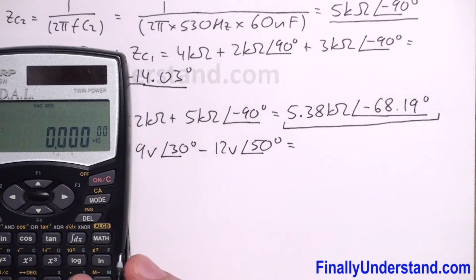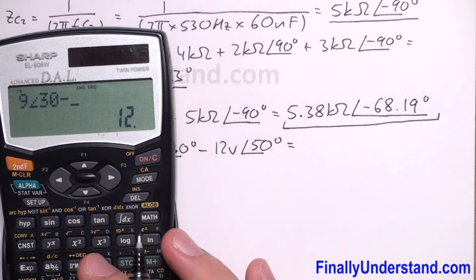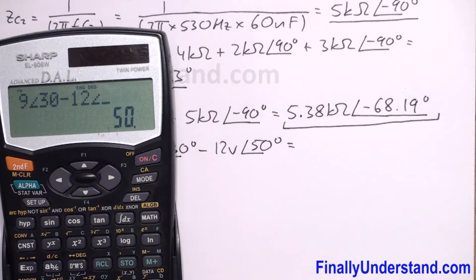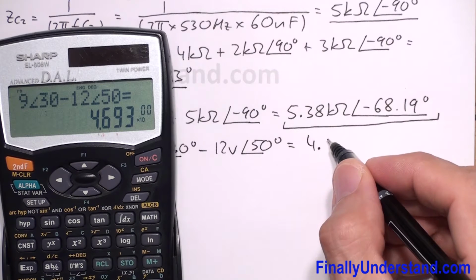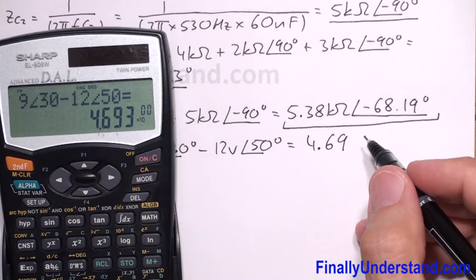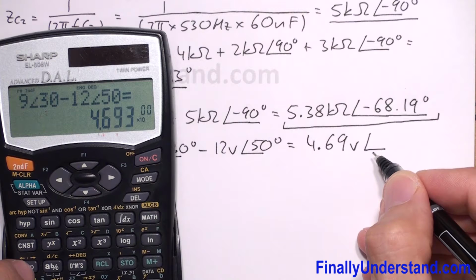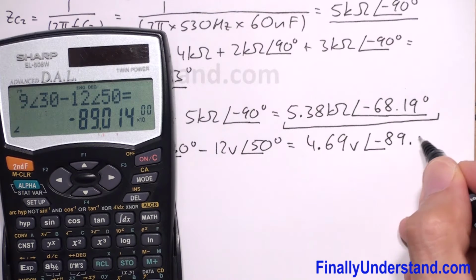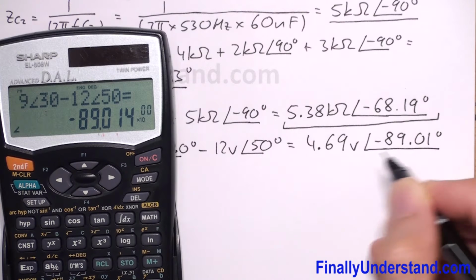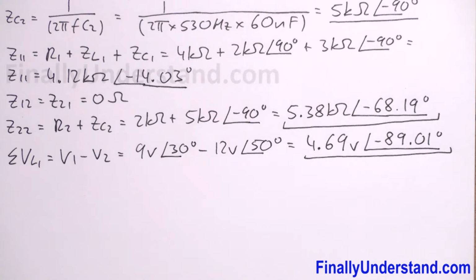So I have 9 and angle of 30 minus 12 and angle of 50. This is equal to 4.69 volts and angle of negative 89.01 degrees. Okay, so this is my sum of the voltages in loop 1.